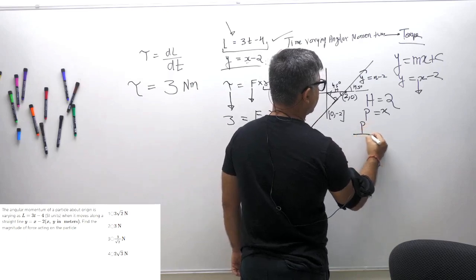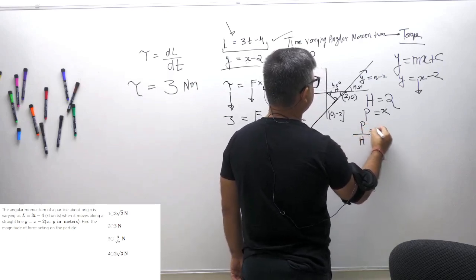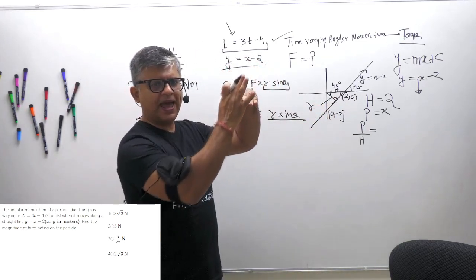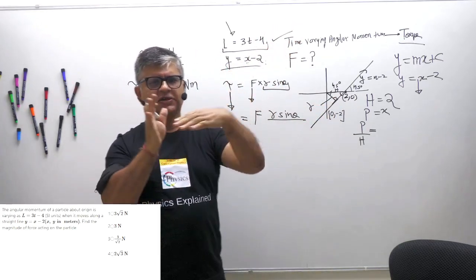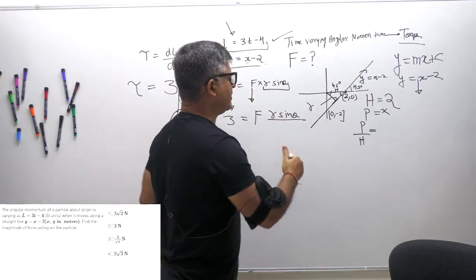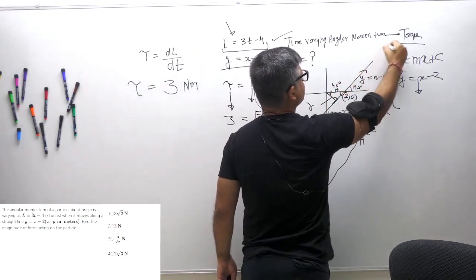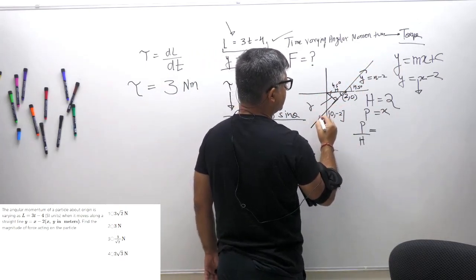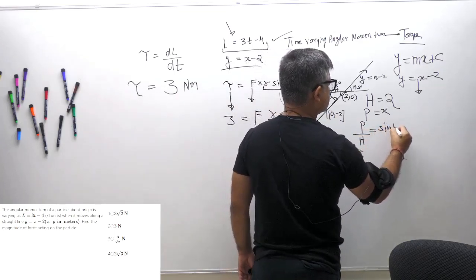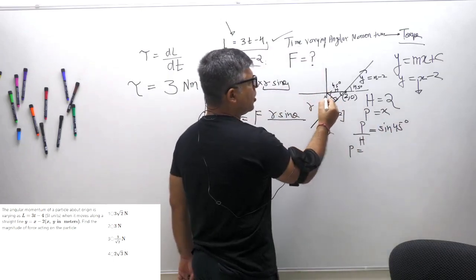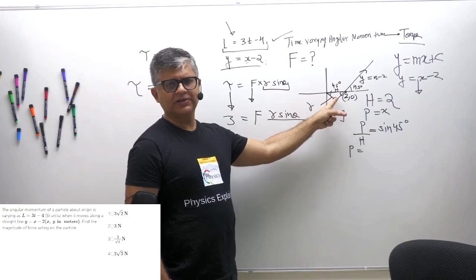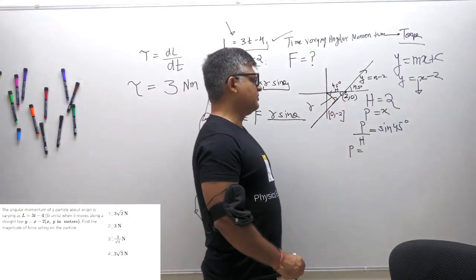The perpendicular upon hypotenuse is equal to sine of 45 degrees. This perpendicular, R, is the perpendicular on the line of action of the force. We have concentrated on this small triangle, which is the area of interest for us.